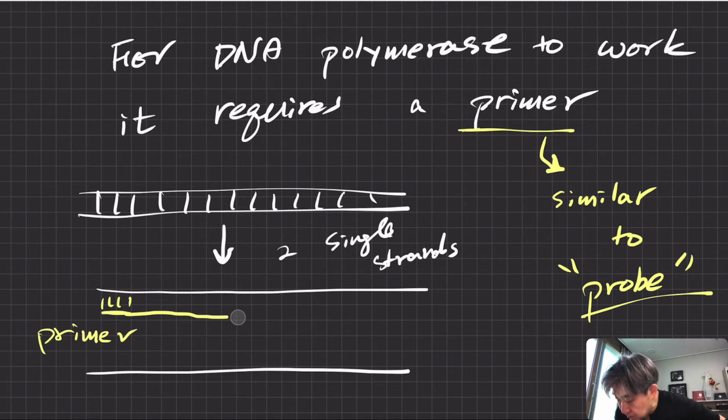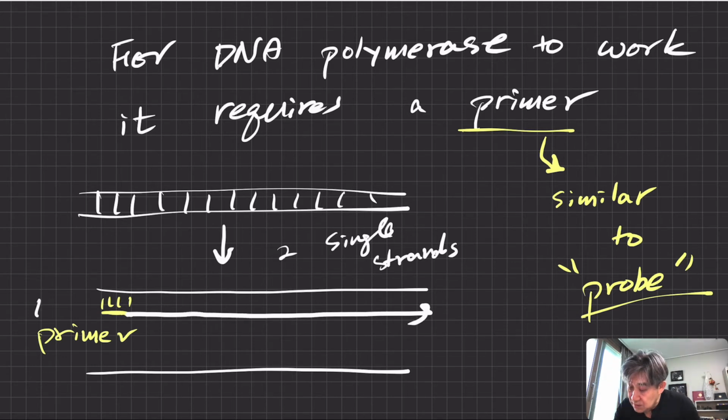Now DNA synthesis with the existing primer can go like this, in this 5 prime to 3 prime direction. So this directionality is so important. That's why I had to introduce this 5 prime end and 3 prime end of DNA.